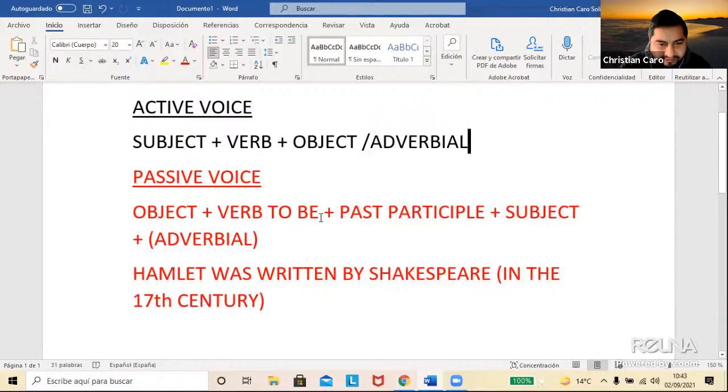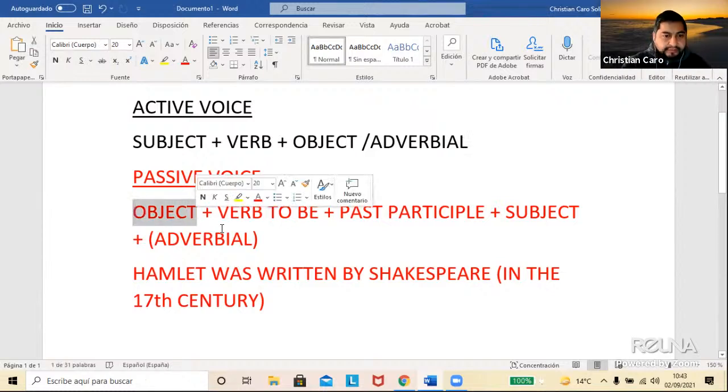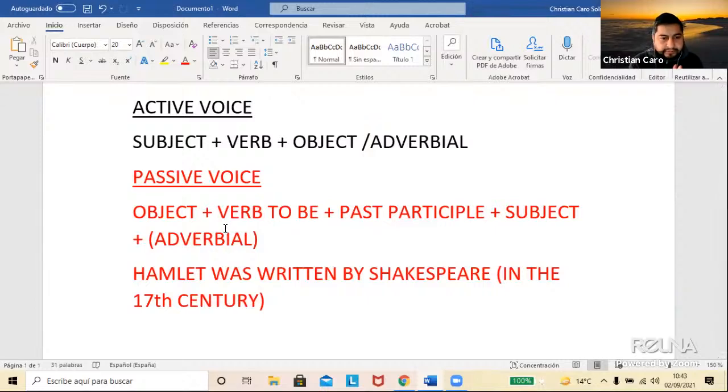On the contrary, the passive voice is way different, because the object in this case is pretty much the most important thing, as I told you. So in this case, we can start with, I don't know, a book, a building, a situation, etc., right?